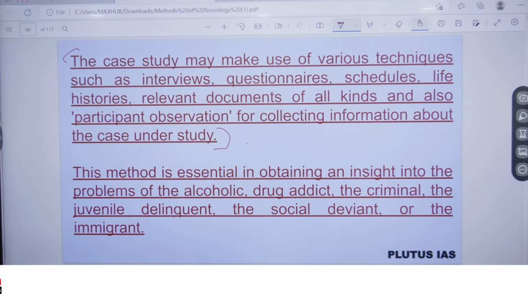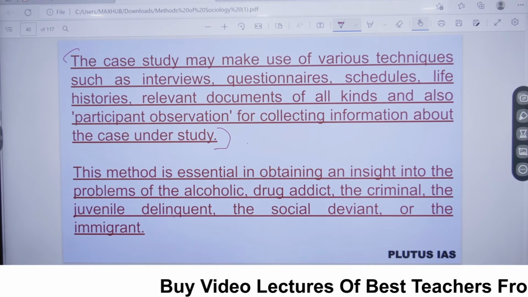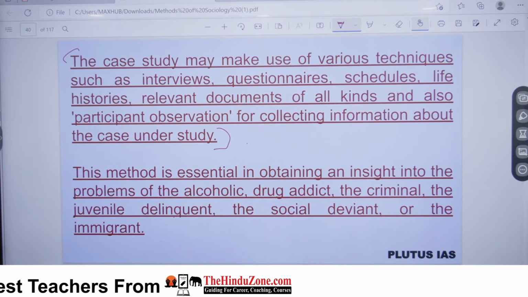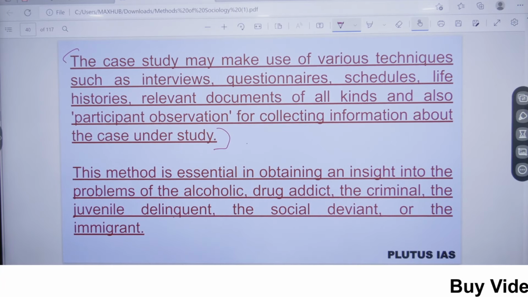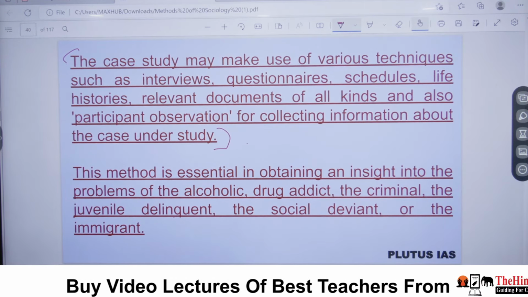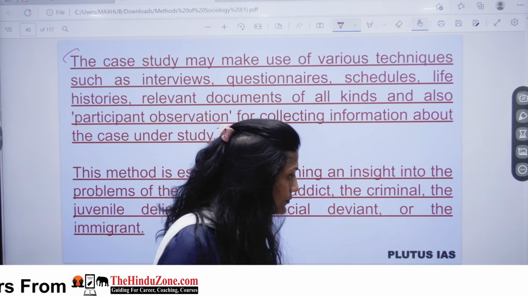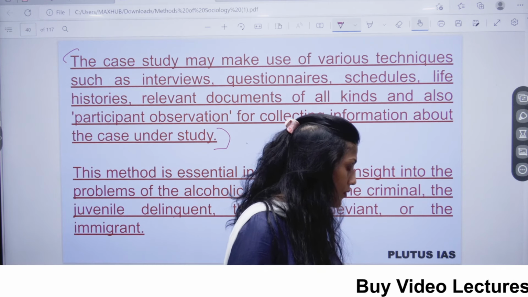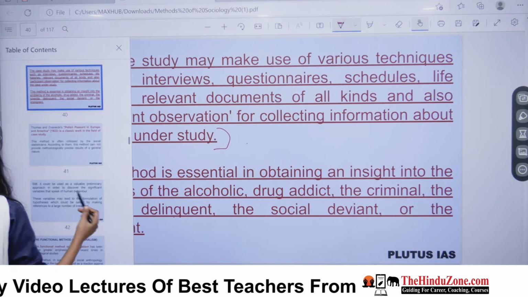Keep writing this. Done? All of you? Anyone finding any difficulties? I hope this is clear to all of you.